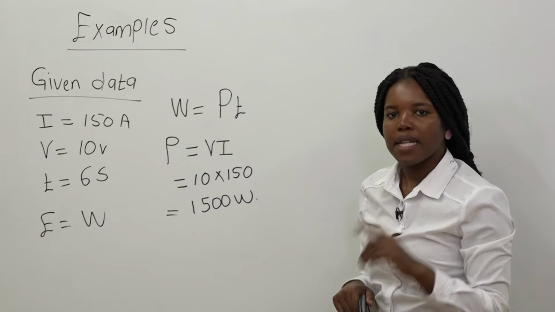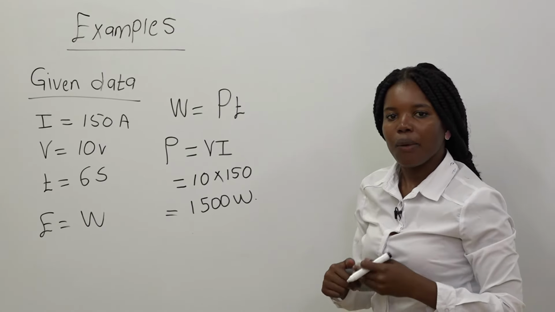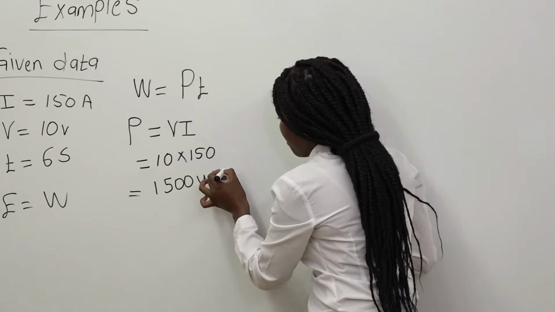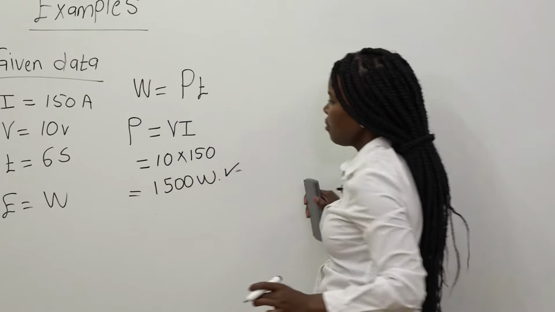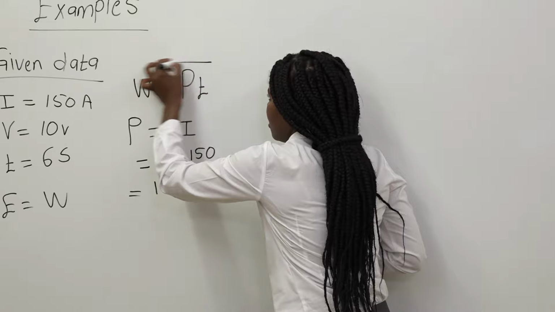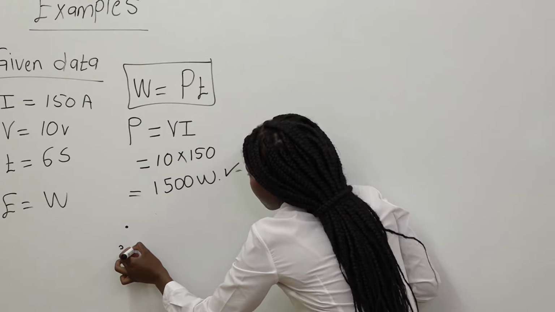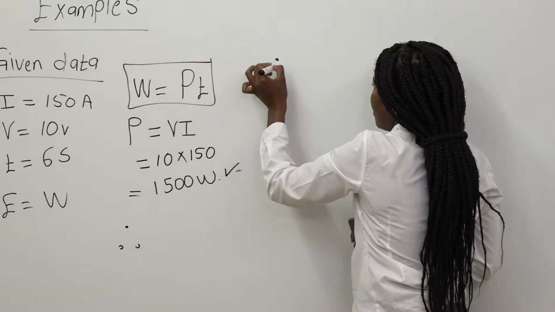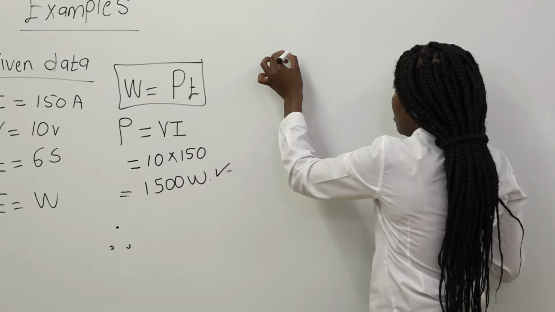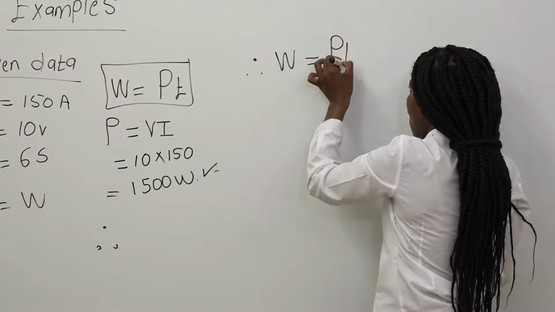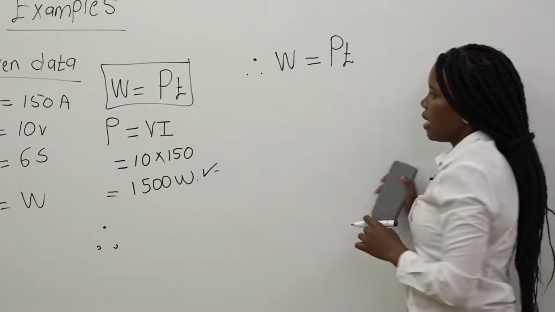But remember, the question was to calculate the energy used. Since we have the value of the power, therefore the energy used is the power times time.